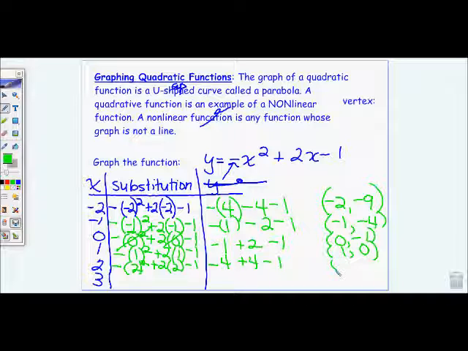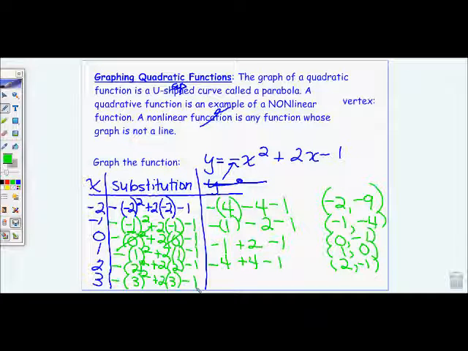So we were substituting in 2 for our x, and the result was negative 1. Negative 4 plus 4 is 0, minus 1 is negative 1. And our last one, our x is 3, 3 squared, plus 2 times 3 minus 1.